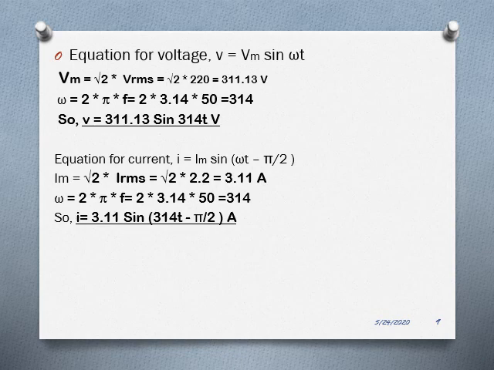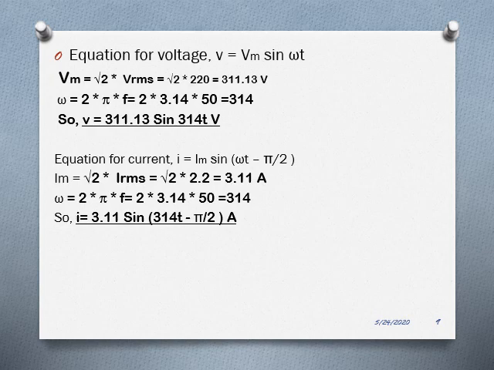We have already learned that RMS value Vrms is equal to Vm by root 2. So Vm is equal to root 2 into Vrms. So it becomes root 2 into 220. Similarly, find out omega. Omega is 2 pi f. So you may write the equation for V as V is equal to 311.13 sin 3140 t volt.